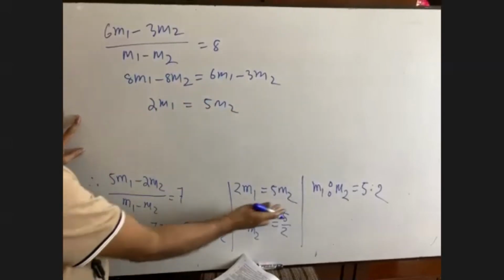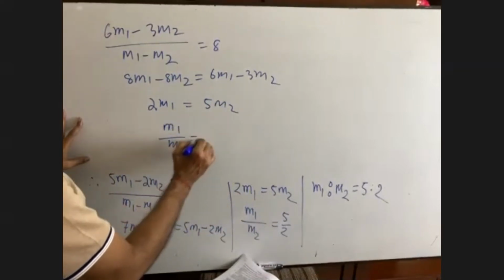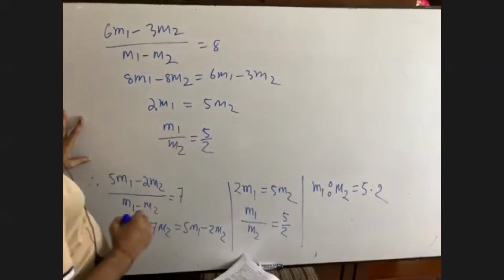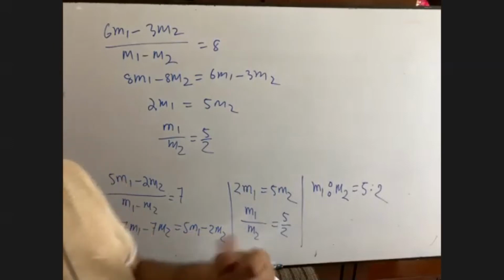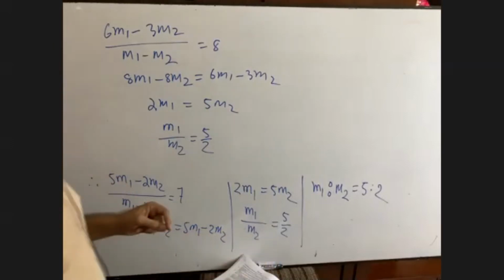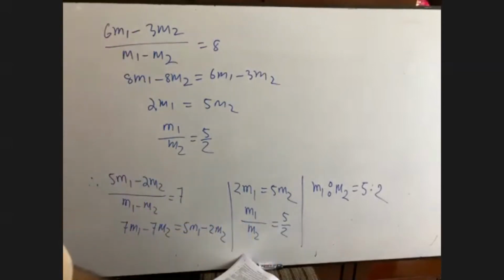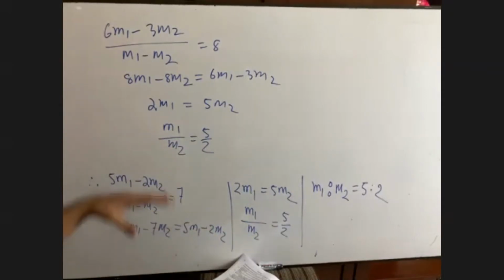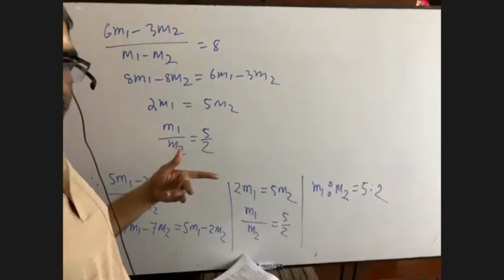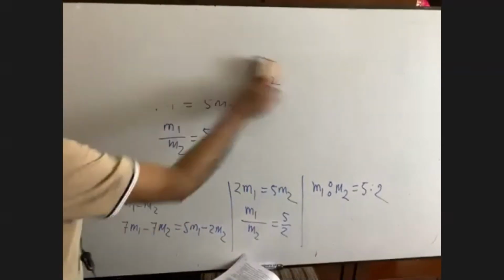So you have got the same equation, right? That is M1 by M2 is equal to 5 by 2, that means 5 is to 2. So it is not necessary to give emphasis to letting abscissa or ordinate complete the maths. It is very easy and simple. You can let abscissa, you can let ordinate. I think you have got me right. Yes, sir.